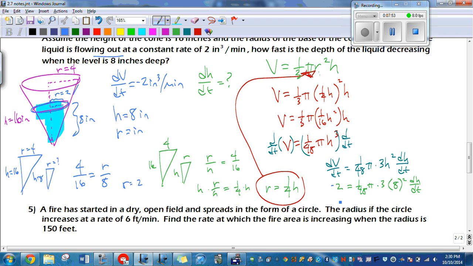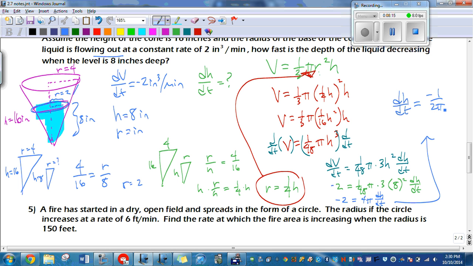So here we end up with negative 2 equals 4 pi times dh/dt. We can divide both sides by 4 pi, and dh/dt equals negative 1 over 2 pi.